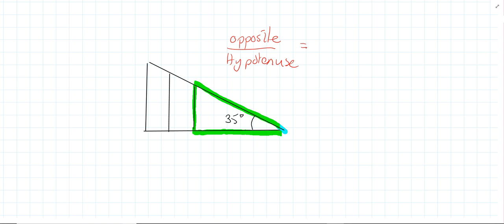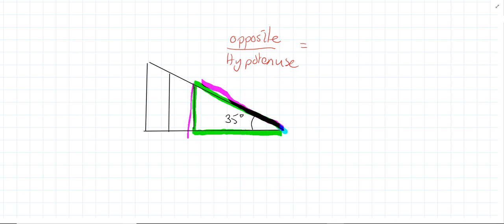You can use your calculator to determine. How would you do it? Any ideas? So I'm looking at the opposite side and the hypotenuse, and I want to know what number I would get if I divided those two. How do we do it?